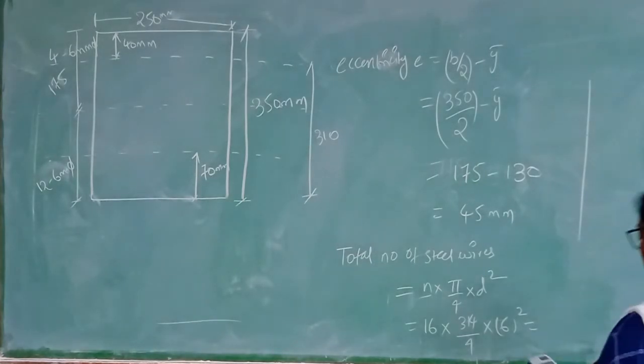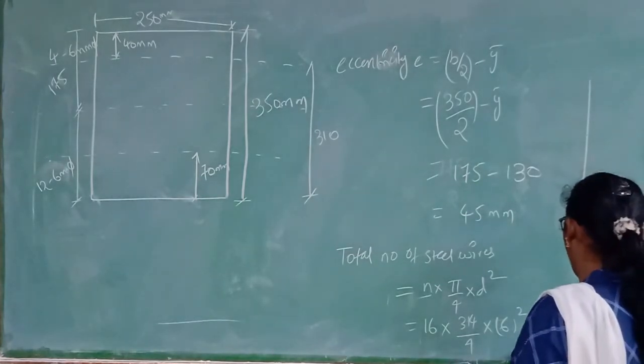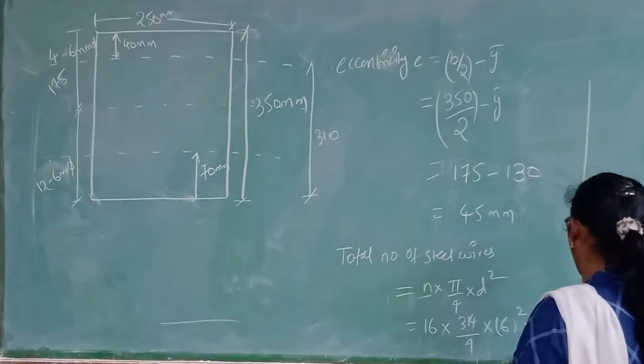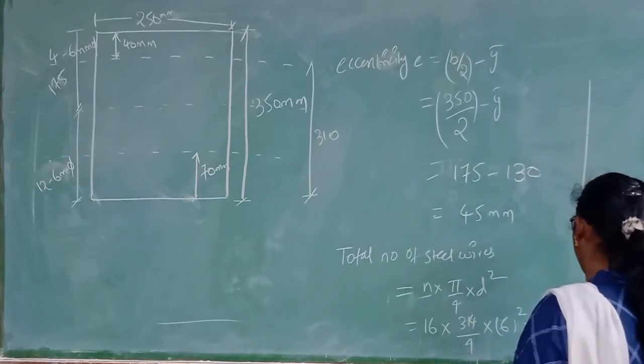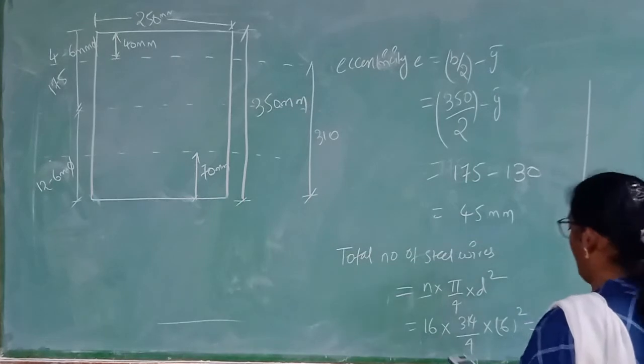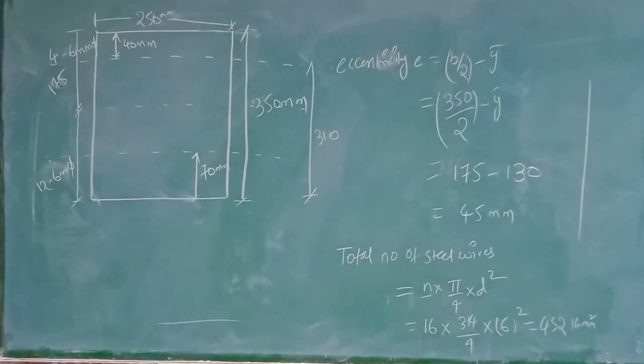What is the area you have got here? 452.6116 mm square.